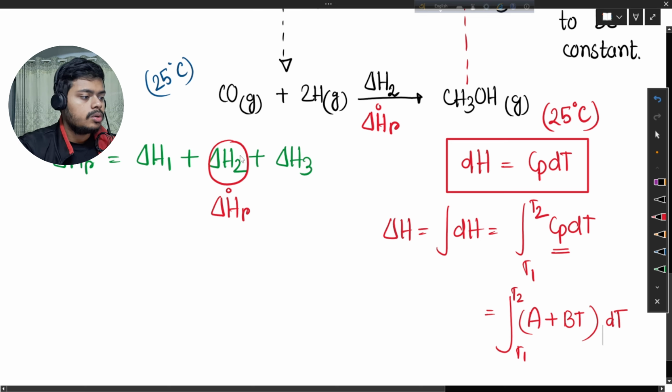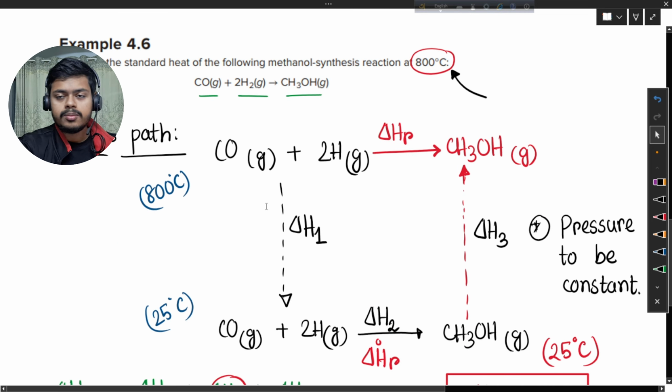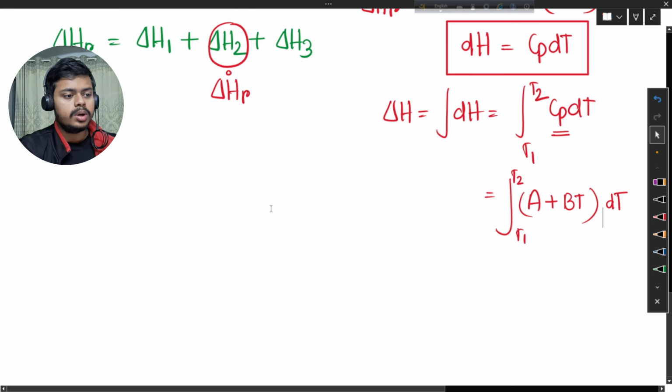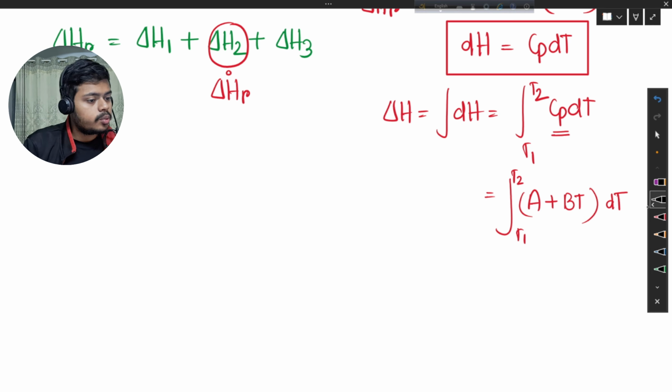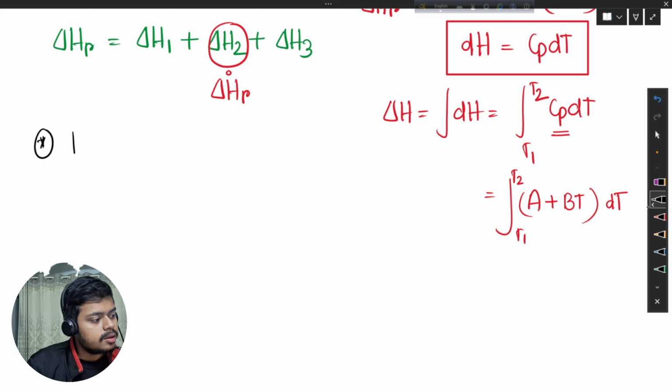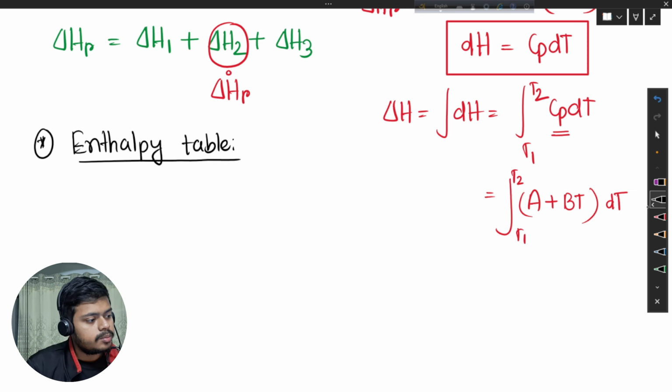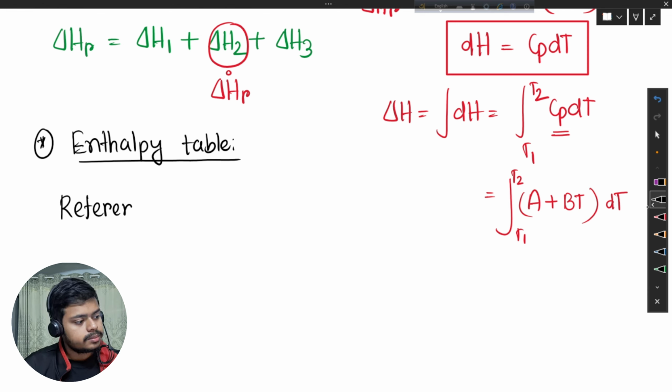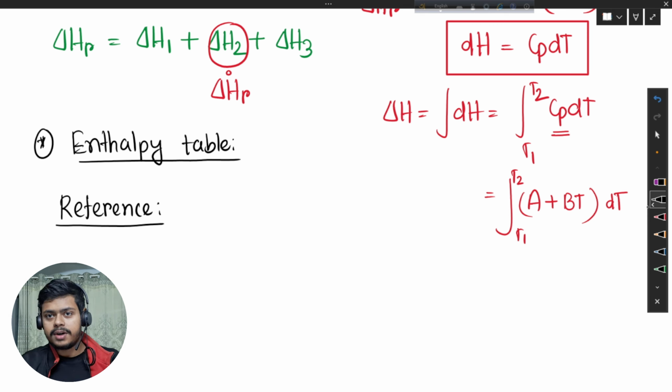After building a process path, we're going to build another really important thing known as the enthalpy table. Before producing an enthalpy table, we must state what our reference state is. We have already stated that our reference state is at 25 degrees Celsius.